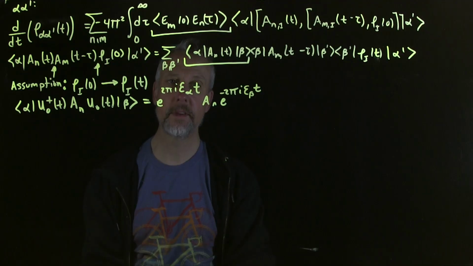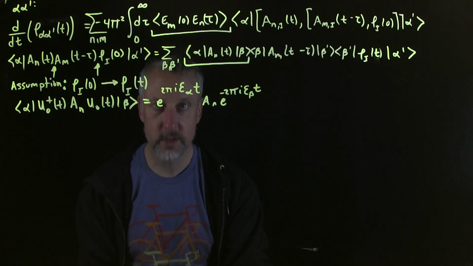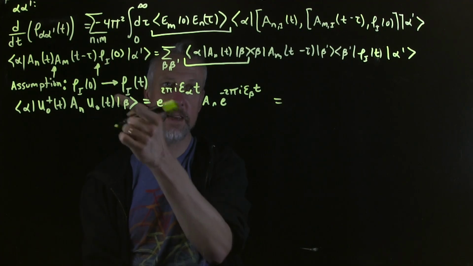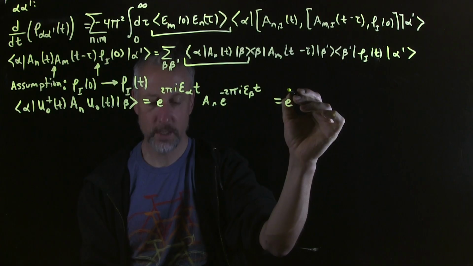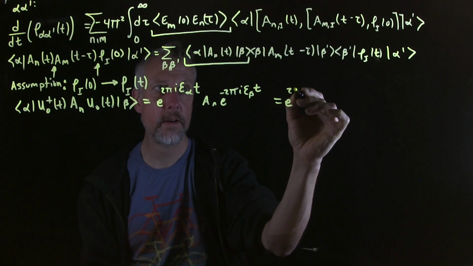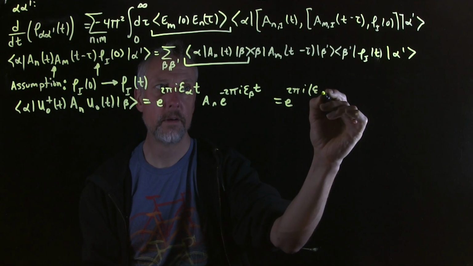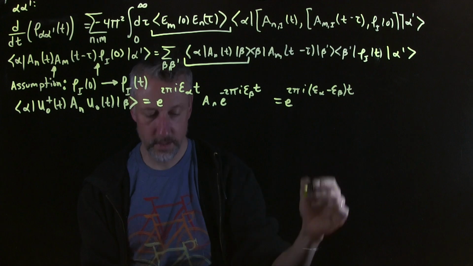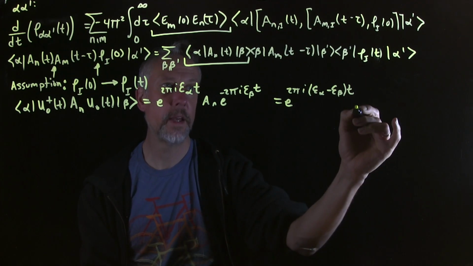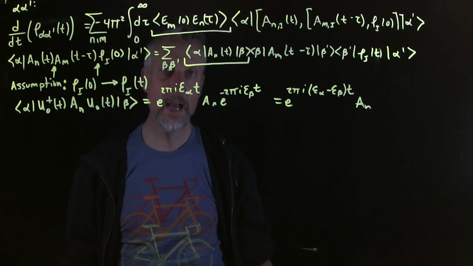All right, this is something that we've seen before, right? We've seen how to do this before. All right, so now when we move the e's around, we're going to have e, which we're doing to a 2 pi I. The plus is with the alpha, the minus with the beta, and t times an. So you see what's happening here.